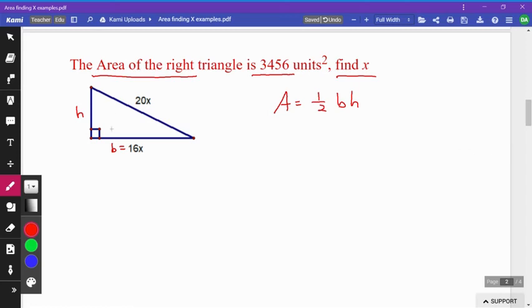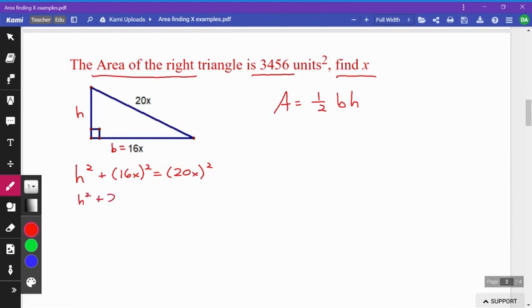So I need to remember that this is a right triangle. So a right triangle, I have Pythagorean theorem in which I can work out and find the missing side. So I get h squared plus 16x the quantity squared is going to equal 20x the quantity squared.